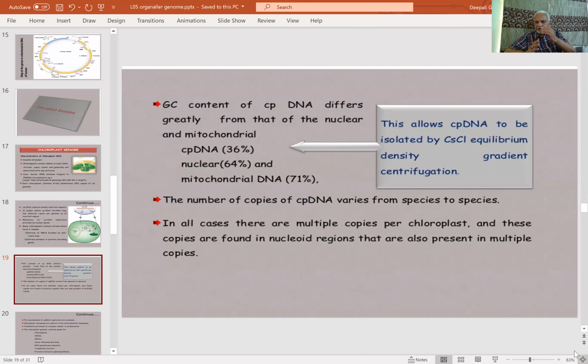So GC contents differ from DNA to DNA in the sense the organelle DNA, nuclear DNA, it has varied GC contents, and number of copies varies species to species. So these are some of the characteristics of chloroplast DNA.